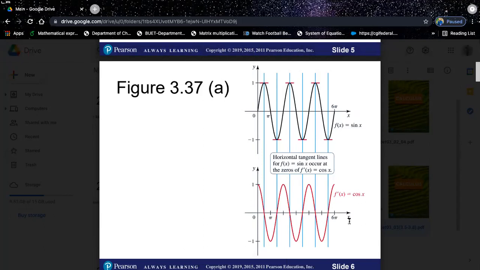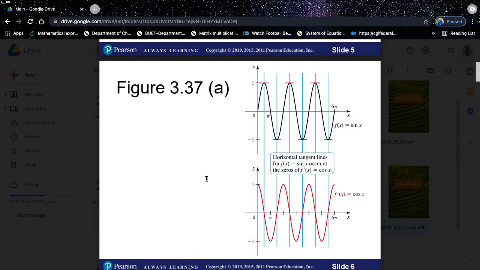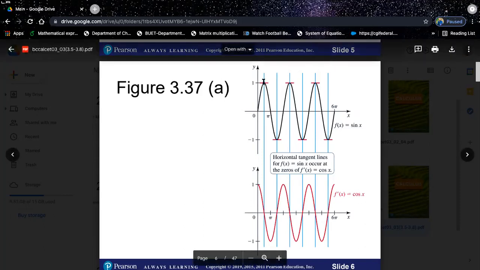So the graphical representation of these functions is giving me an idea that the derivative of this function would actually be related to this, right? Because I'm drawing a tangent line here, and it's actually at the zeros of the other function.